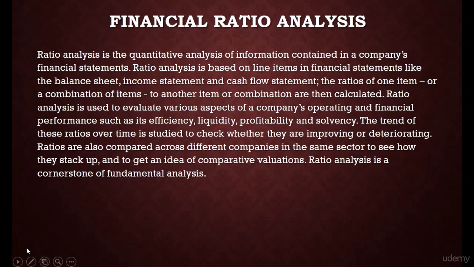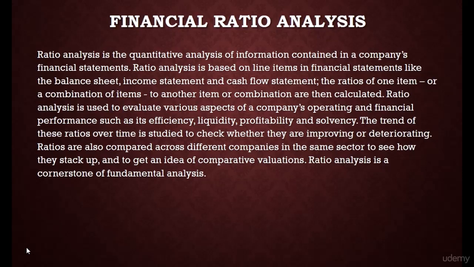So what is financial ratio analysis? Financial ratio analysis is the quantitative analysis of information contained in a company's financial statements. This ratio analysis is based on the line items in the financial statements, such as the balance sheet, income statement, and cash flow statement. And the ratios of one item or a combination of items to another item are then calculated.